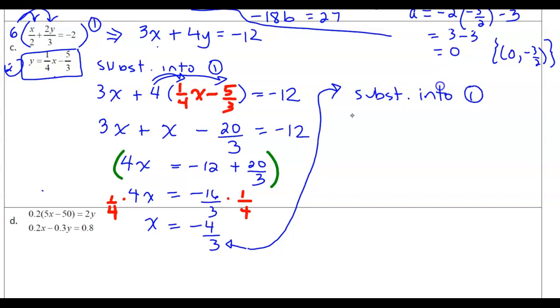Okay, so that will be 3 bracket for x plus 4y equals negative 12.